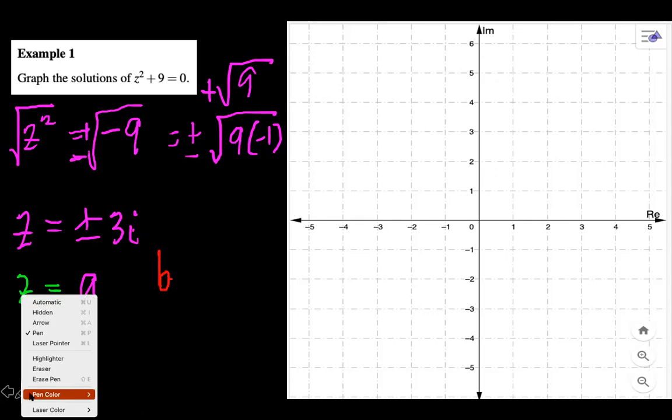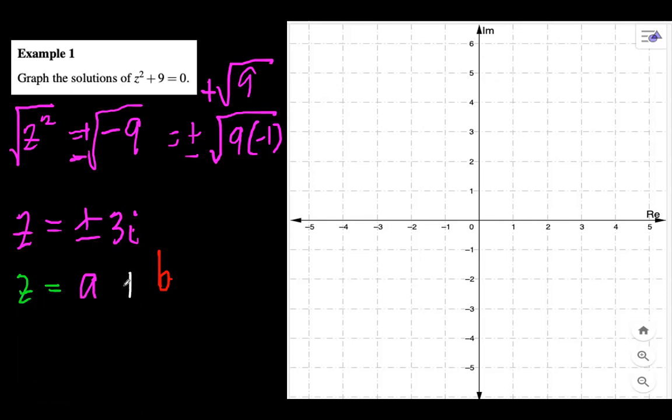Ang hirap naman mag-change color. But sir, sino po ba sir nagsabi sa'yo mag-change color ka? Wala naman, ako lang naman. Okay, yan. So z is equal to a plus bi. The question there is, how are we going to convert the z, which is positive or negative 3i, guys, into a complex number wherein it has a and b.